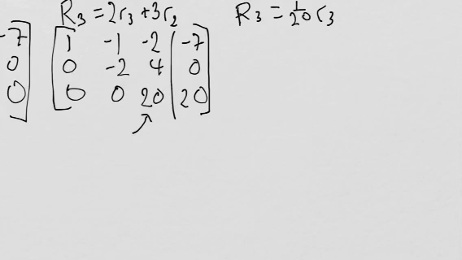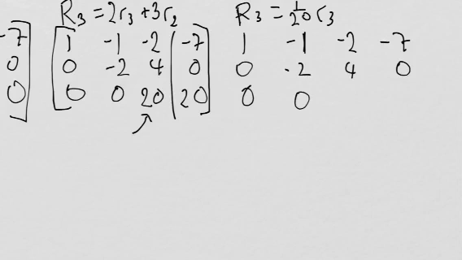Then we can put in the first one, and then the second one. And then 0 divided by 20 is just 0. Then 0 divided by 20 is just 0. And 20 divided by 20 is 1. And 20 divided by 20 is 1. So there's the answer to that one.